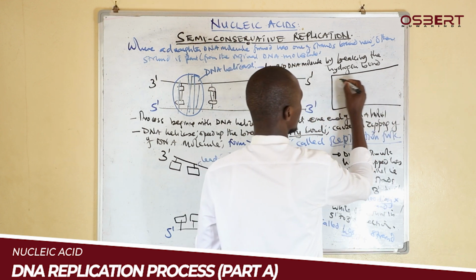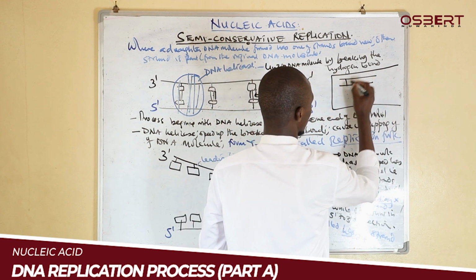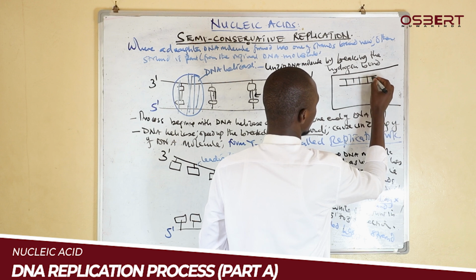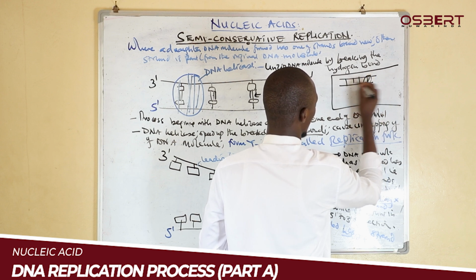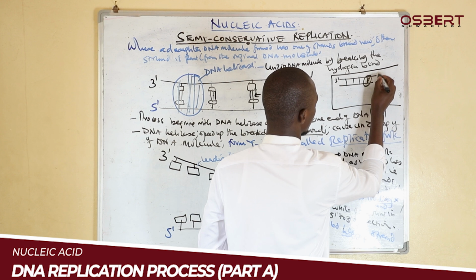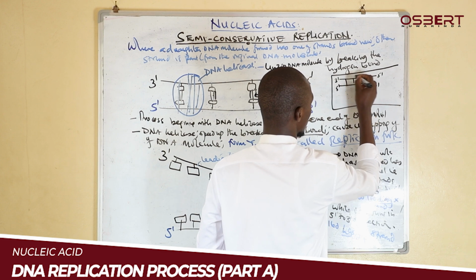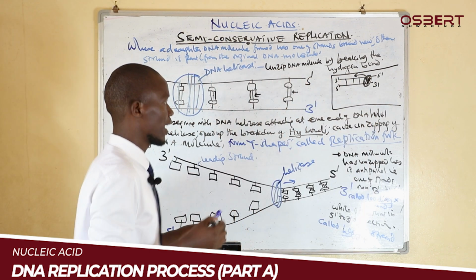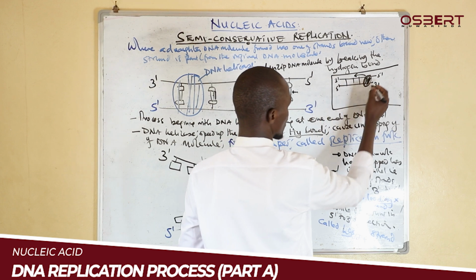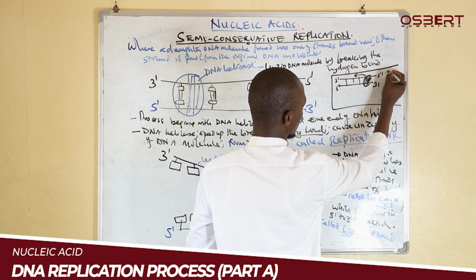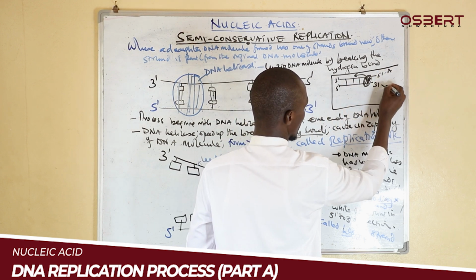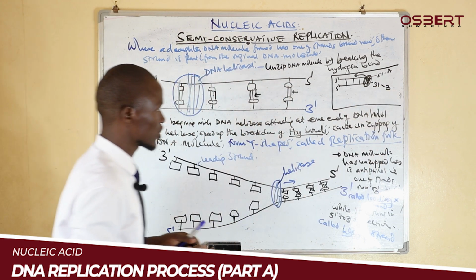Assume I had drawn my DNA structure like this, and my DNA helicase was moving from here. This was 3 prime, 5 prime, then this is 5 prime, 3 prime. But now the helicase is moving from this side to this side. This is the DNA structure, with strand A and strand B.